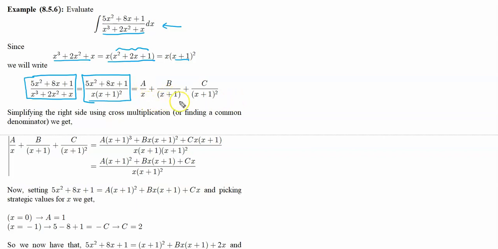If we perform cross multiplication, we'd multiply the A by these two terms, and that's what we have right here. Then we'd multiply the B by these two terms, and that's what we have right here. And then we'd multiply the C by these two terms, and that's what we have right here.